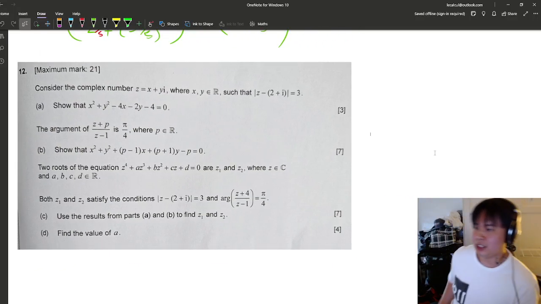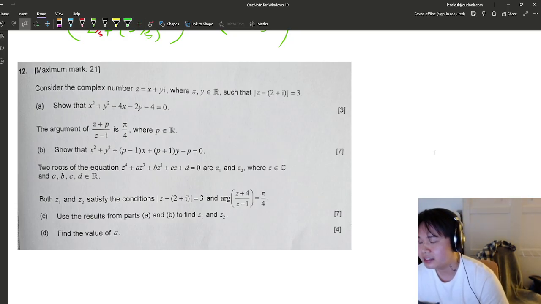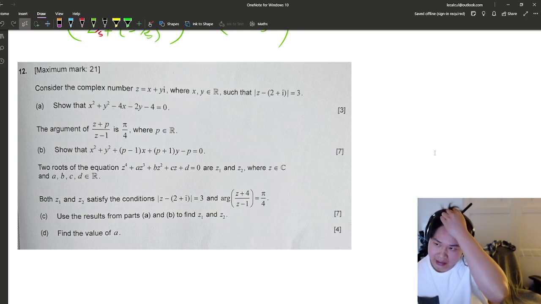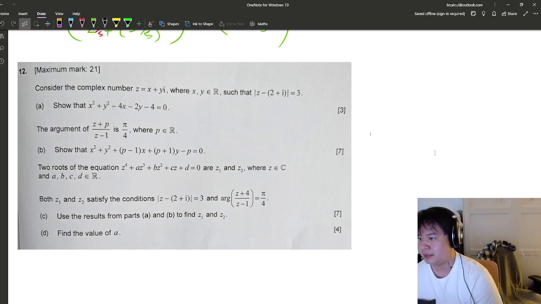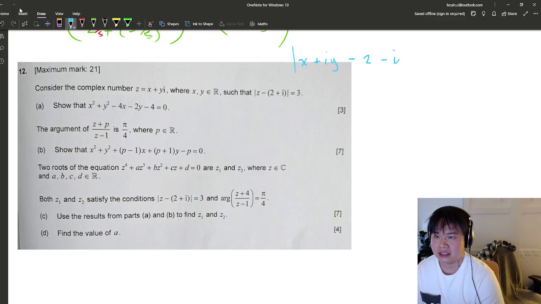What do we got? Complex number z such that the modulus, or the length, of z minus this is 3. Show that this. Okay, so this in itself is its own complex number, and we want to find the length of this.